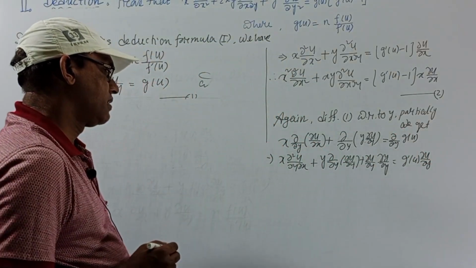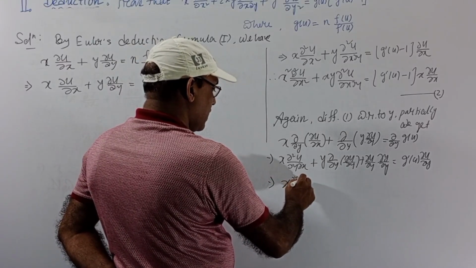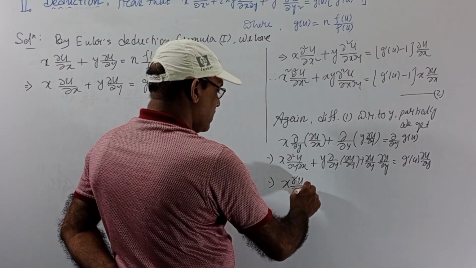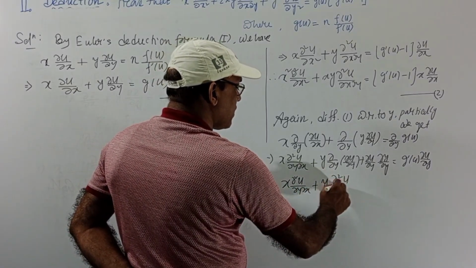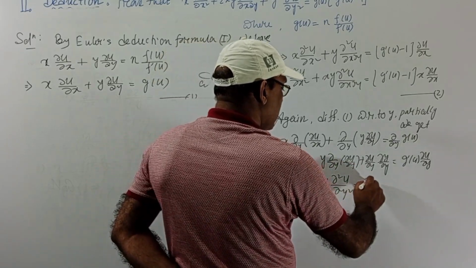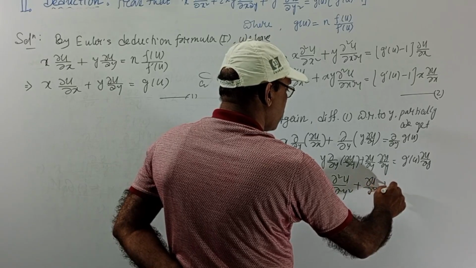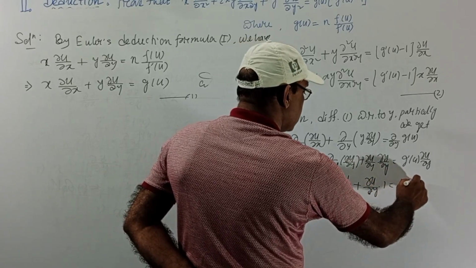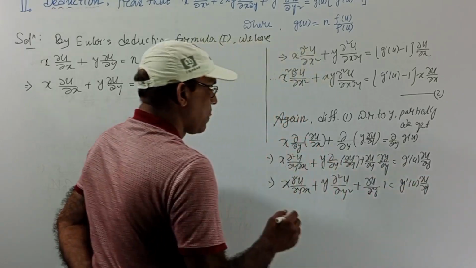We get this. This implies x del square u by del y del x, y del square u by del y square, this, and del u by del y into 1, g dash u del u by del y.